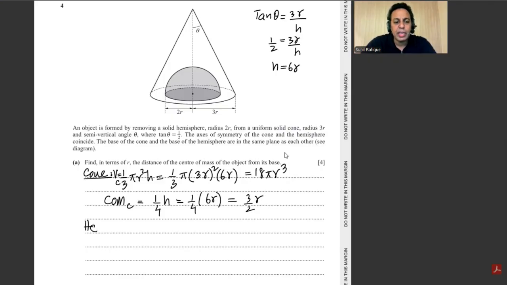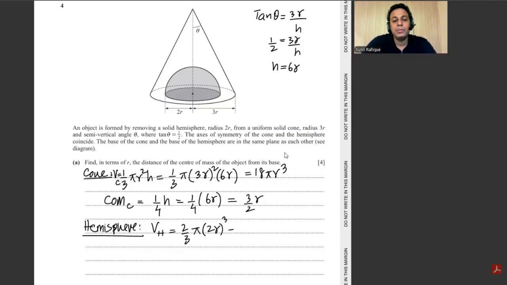Now let's talk about the hemisphere. You can also make a table to calculate each of these values, but I'm just solving it this way. The volume of the hemisphere is 2/3 pi r cubed, but the radius over here is 2r.